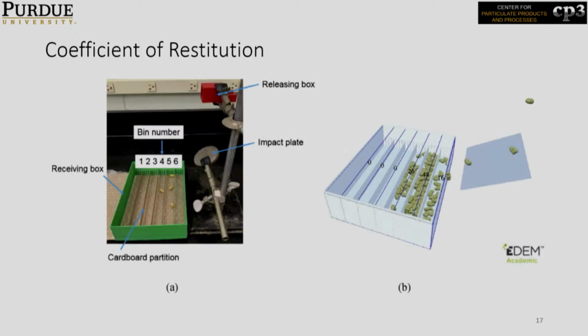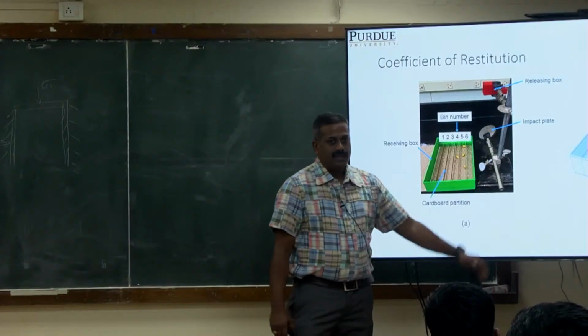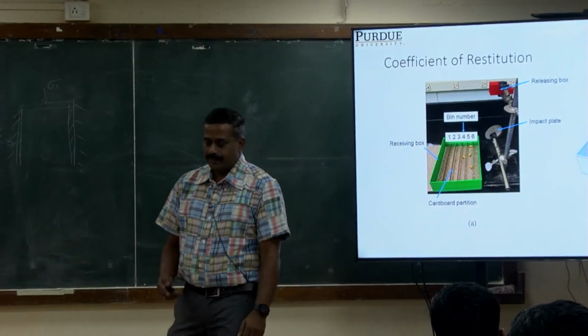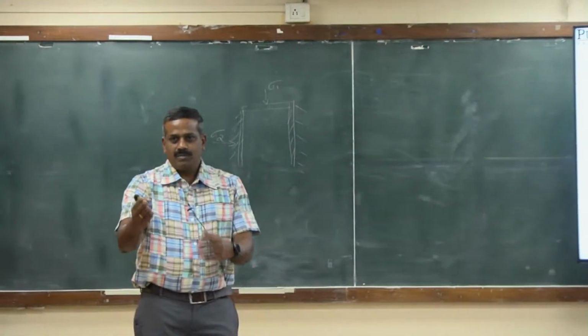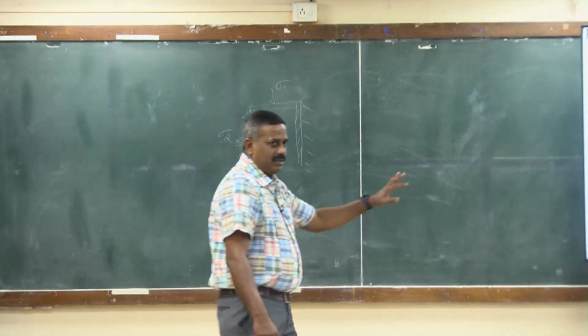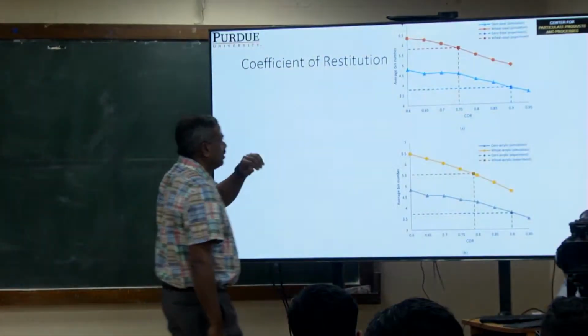Again, one of my students did this for grains. What he did was, from dropping experiments, he dropped the grains from specific heights into different bins, and based on the distance it traveled across different bins, he quantified the restitution coefficient. He plotted lots of things. Maybe you would have seen the paper; there are lots of other calculations that go into that.